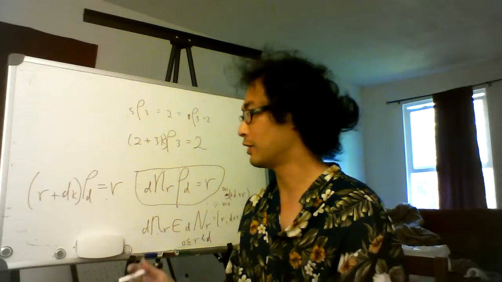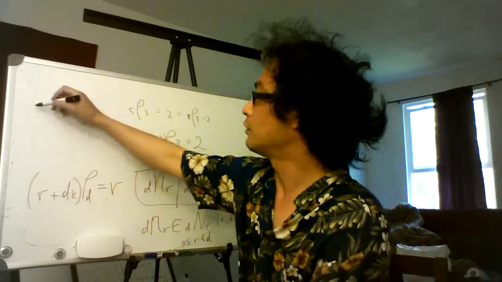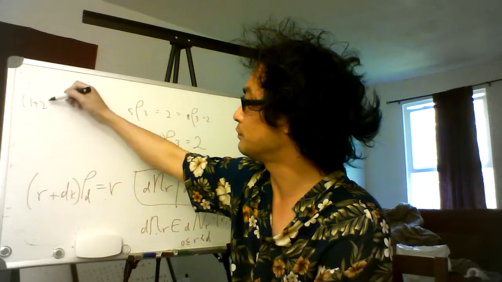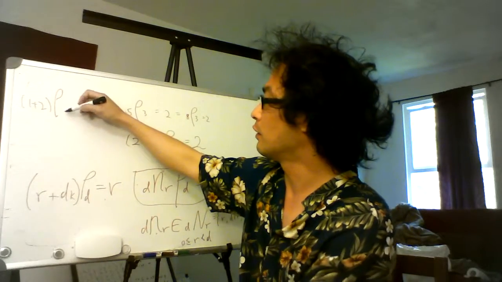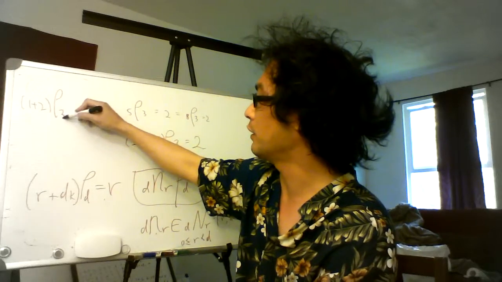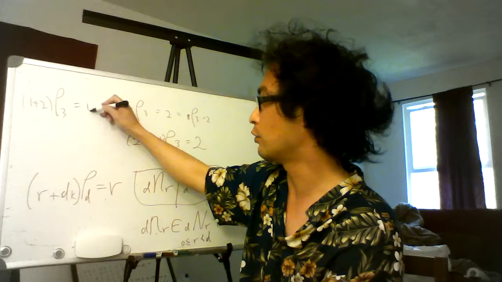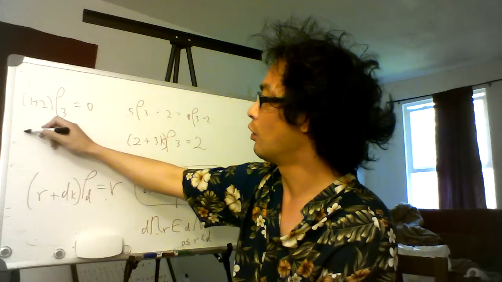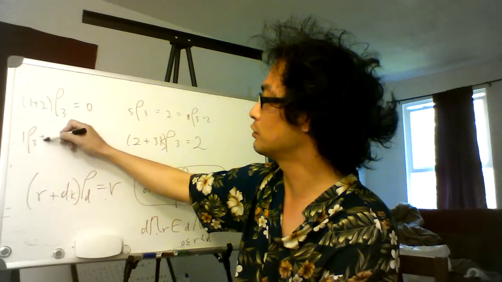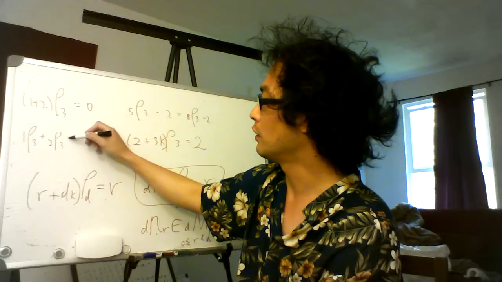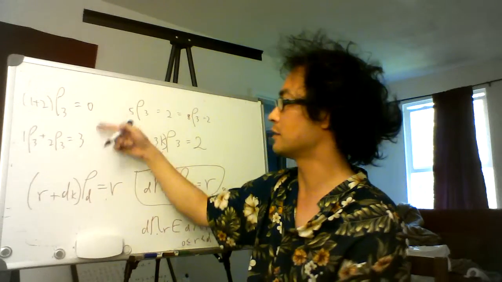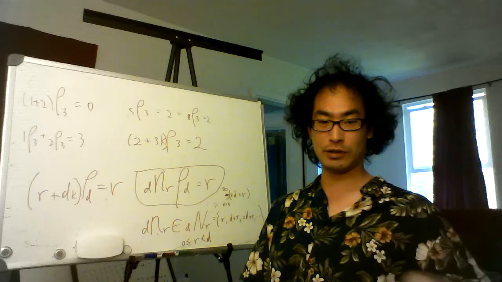Okay, we got full coverage. So 1 plus 2 rho 3 is 0, right? But 1 rho 3 plus 2 rho 3 is equal to 3. It's not 0, so I guess rho is not distributive.